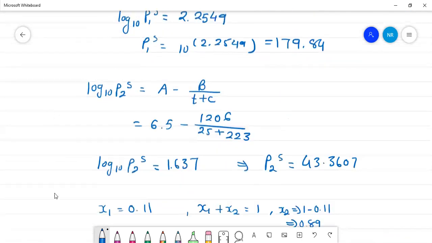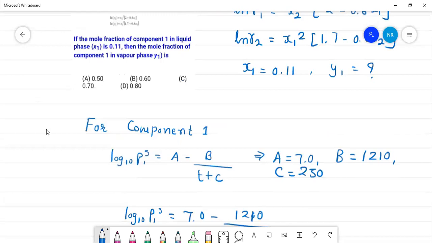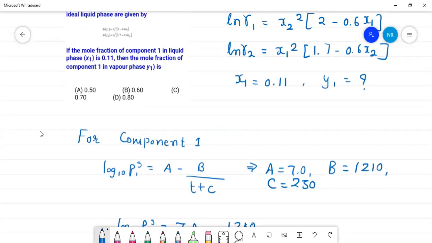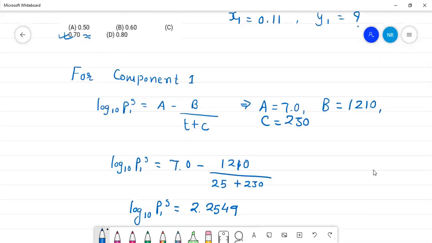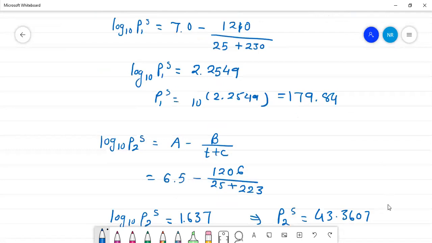Is there any option available or not? Yes, 0.69 is very near to 0.70. 0.70 is the correct answer.